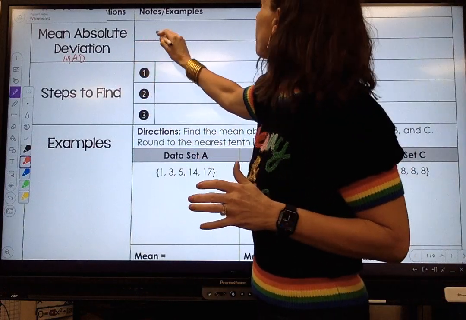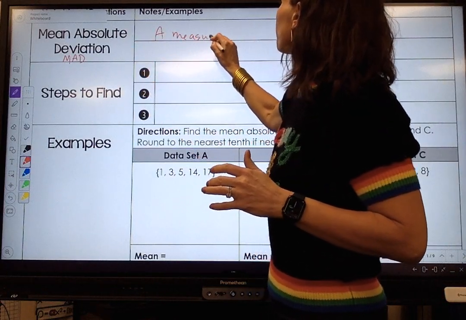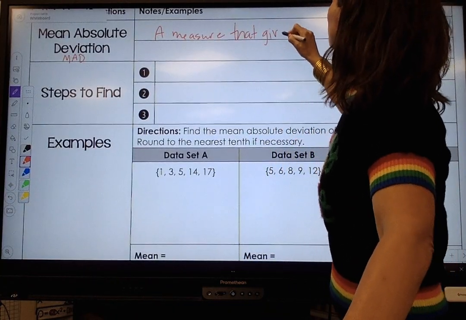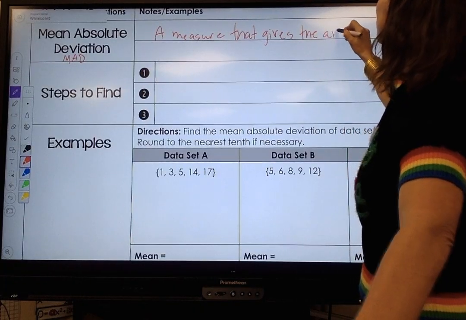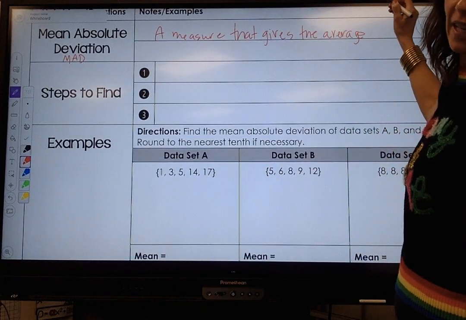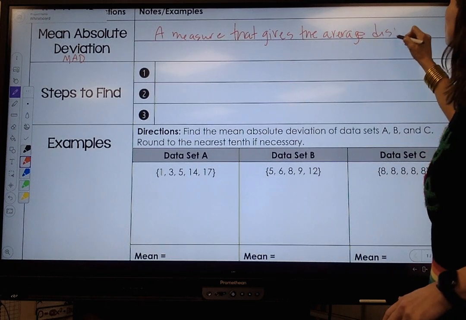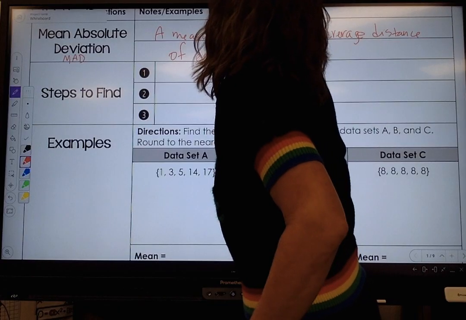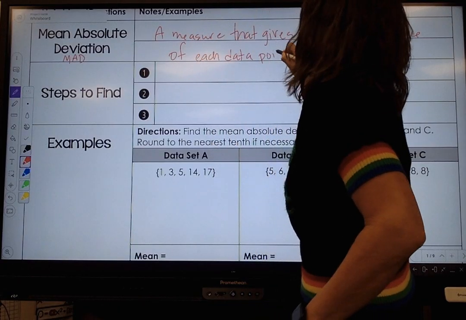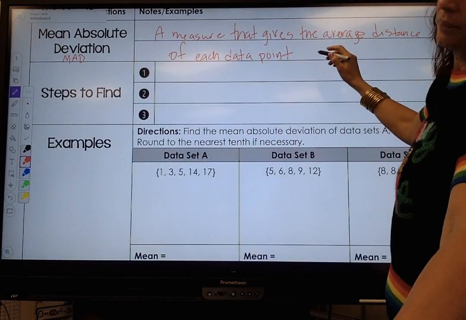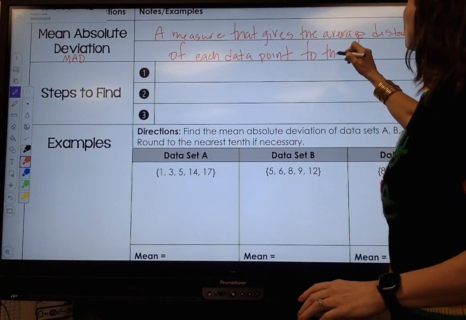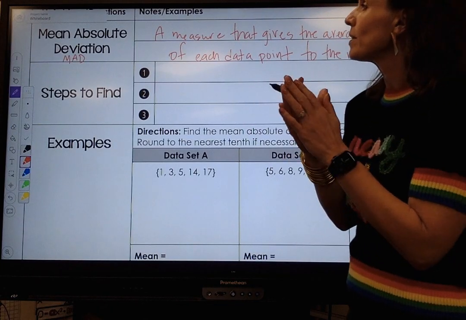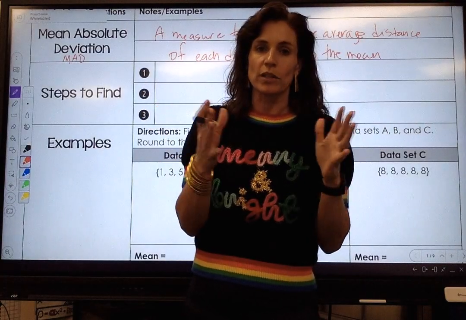And all it means, it's a measure that gives the average distance of each data point from the mean, or to the mean. Okay? So we're going to go through the steps to find it, and then we'll do some practice problems together.